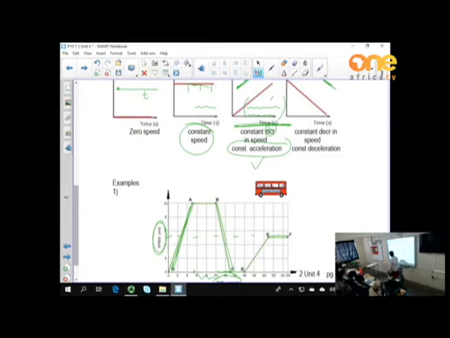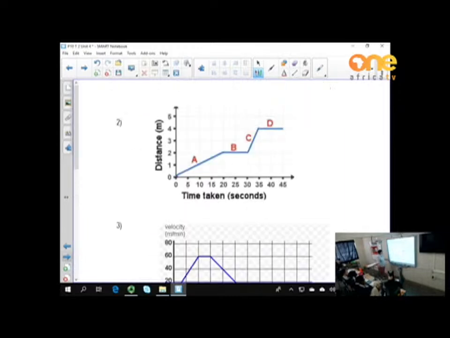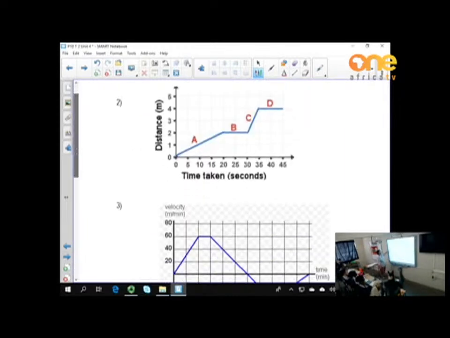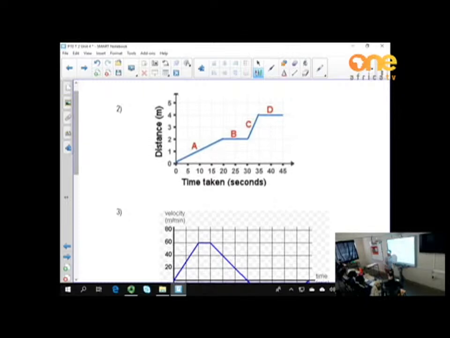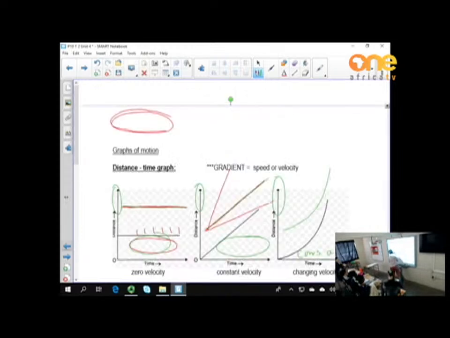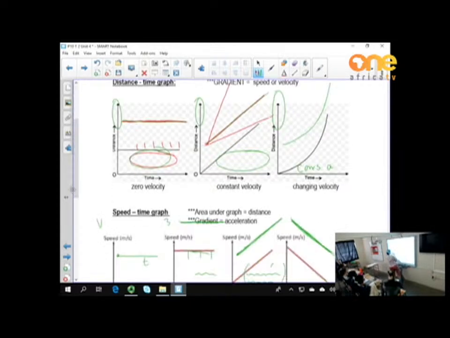All right. So, here we have another graph. Now, you have to look. The one we've just looked at was a speed time. What have we got here? Distance time. In other words, now we are busy with these graphs.